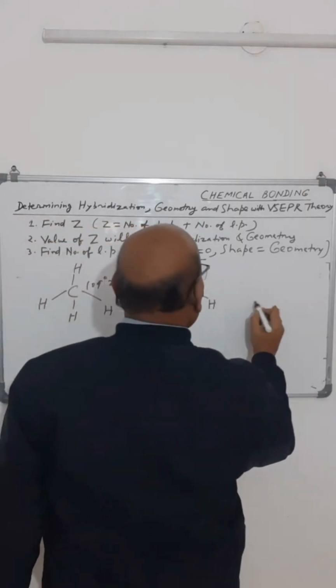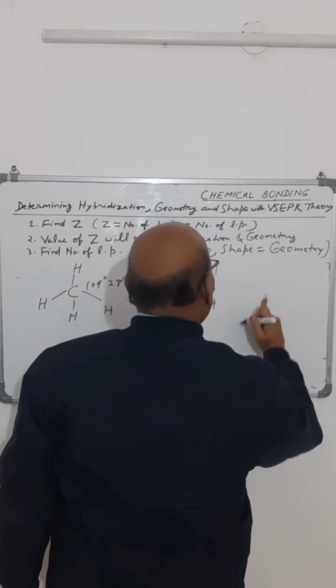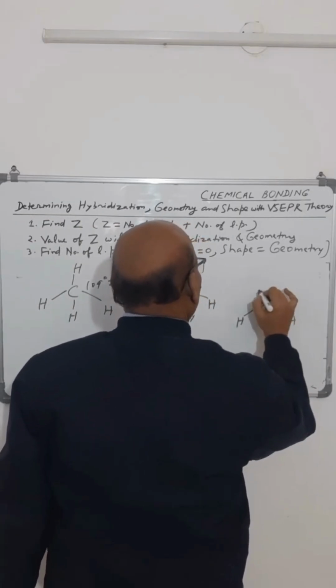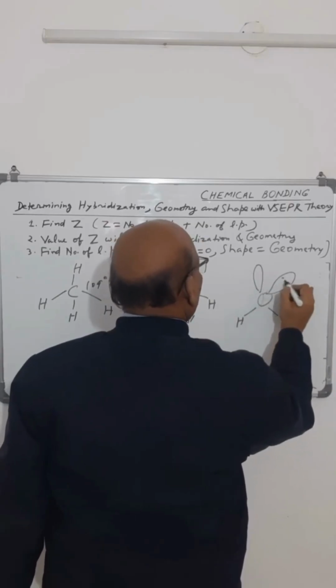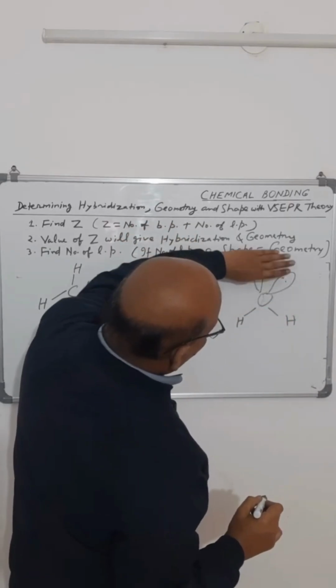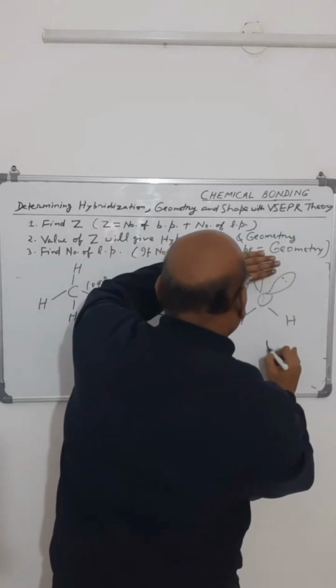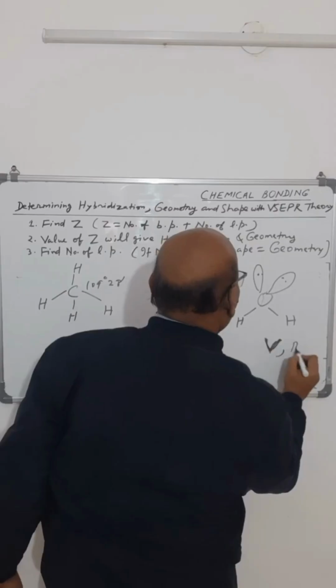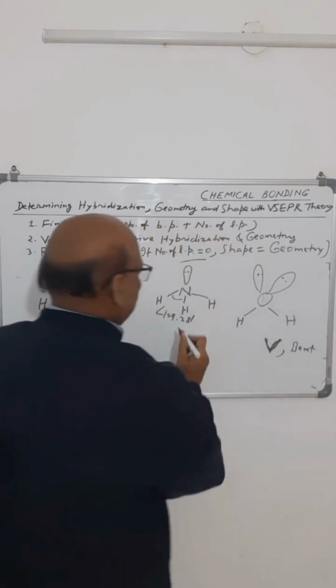What about water? Say this is our oxygen and this is H and there are 2 lone pairs like this. Okay, so here the shape will be V shape. We have to cover the lone pairs, so it will be V shape. Inverted V, also V shape, or we can say it is a bent shape. Okay, and here it was pyramidal shape.